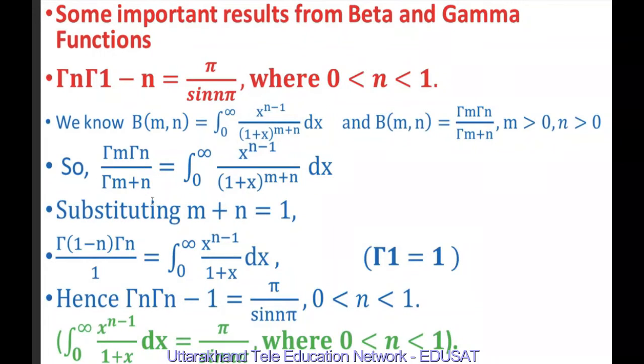If we substitute m plus n equal to 1, then m equals 1 minus n, and gamma 1 is 1, so we get 0 to infinity x raised to power n minus 1 upon 1 plus x dx, because m plus n is 1. We know that gamma 1 is 1. It means gamma 1 minus n into gamma n is equal to pi upon sine n pi, because we know that 0 to infinity x raised to power n minus 1 upon 1 plus x dx is pi upon sine n pi, where n lies between 0 and 1.